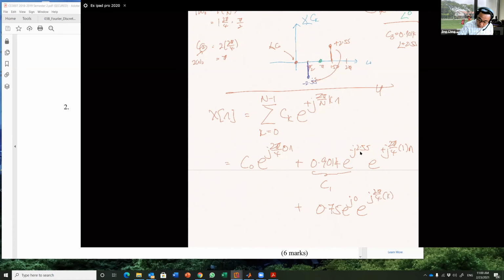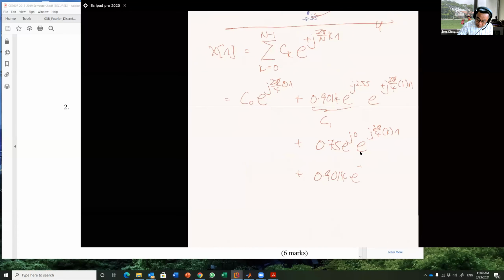And the last one is plus 0.9014 e^(+j 2.55) e^(j 2 pi over 4), where k is 3. So this guy, k is 2, then n. Can you see now? So this is Xn.